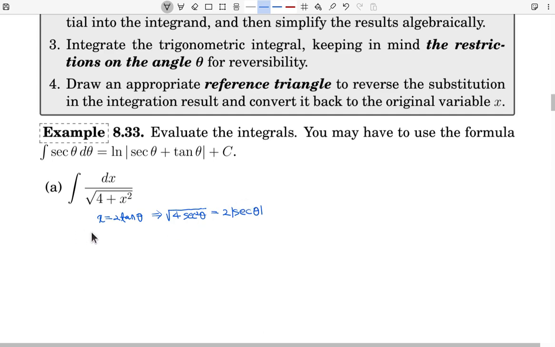Okay. Now what is dx? That is 2 sec squared theta d theta.